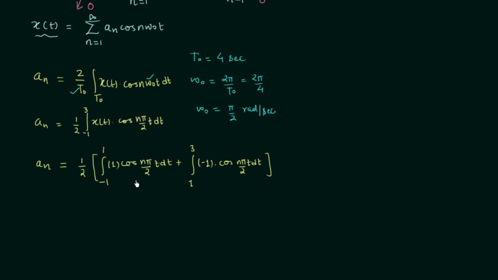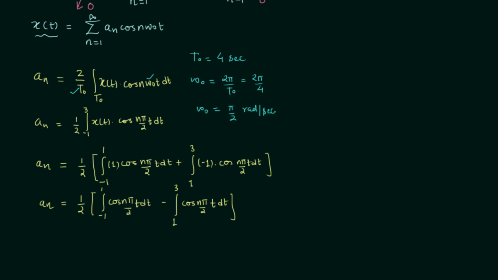Now we will solve the two integrals. a_n is equal to 1 by 2 integration -1 to 1 cos(n pi by 2 t) dt, minus, this minus I have taken out, integration 1 to 3 cos(n pi by 2 t) dt. Now we will assume n pi by 2 t as theta.